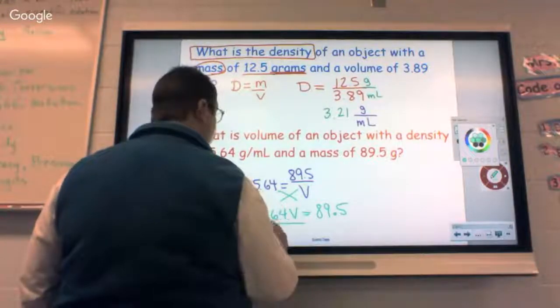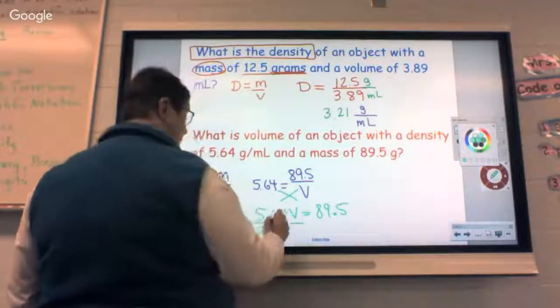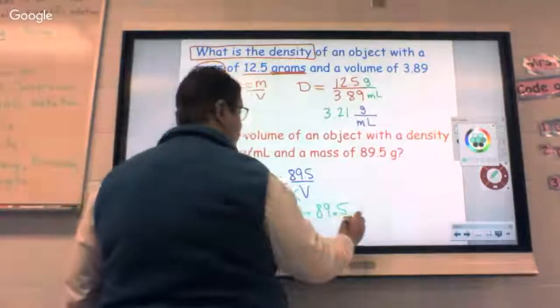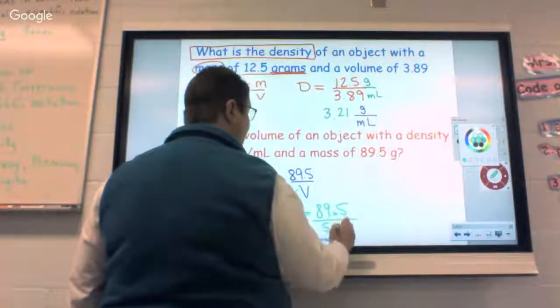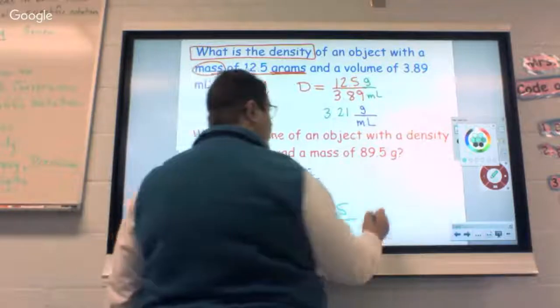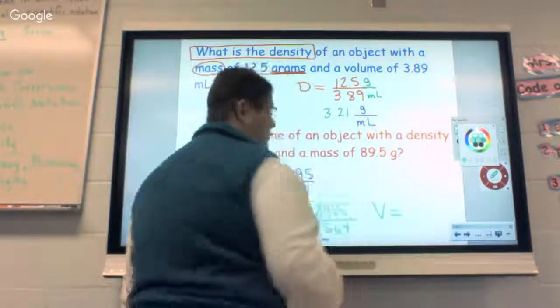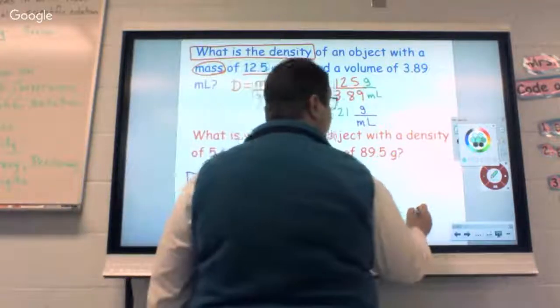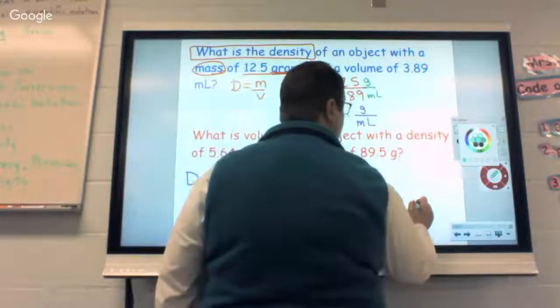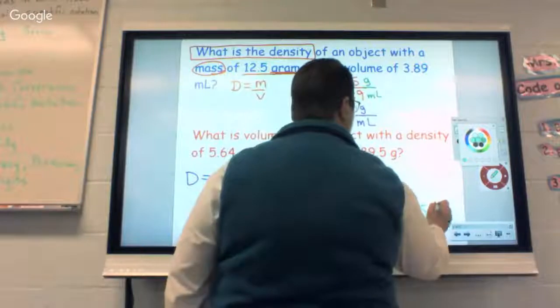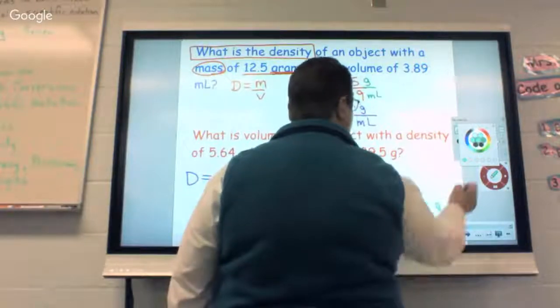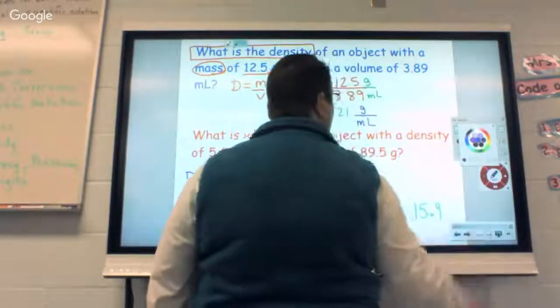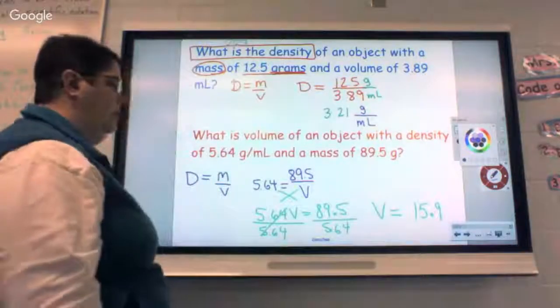Not a soul in the room would get it wrong, because I got rid of my fraction by cross multiplying, which is why I'm a fan of cross multiplying, because everybody does it right at that point. Somebody tell me the answer. 15.9. All right.